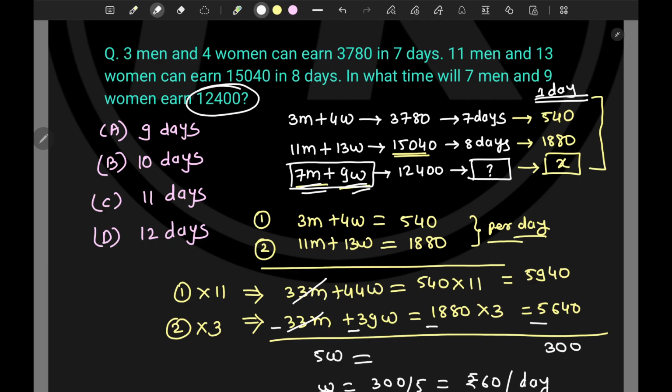Okay, the problems are simple. The only thing is we need to frame it in a 1 day timeline, either in terms of portion of work or in terms of wages. Now there is a formula: M D H divided by W is constant, and hence M1 D1 H1 divided by W1 is equal to M2 D2 H2 divided by W2.